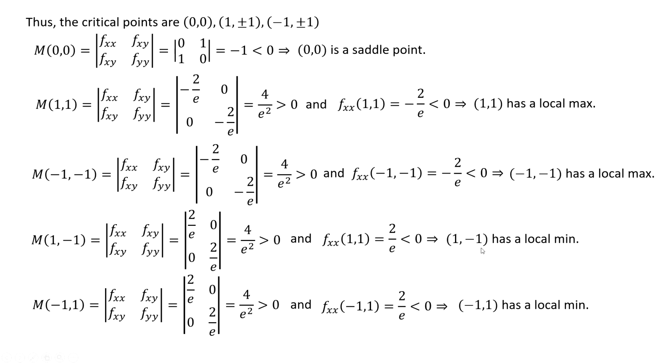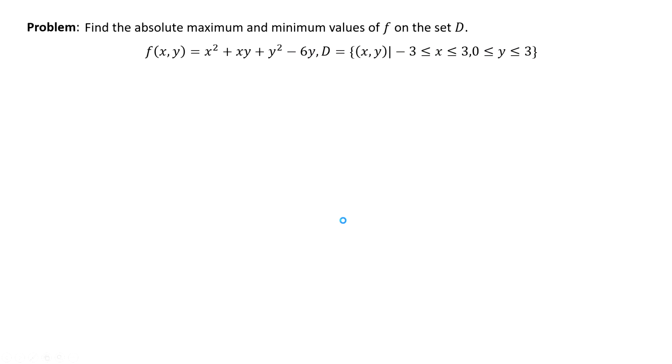Opposite ends, 1, negative 1 and negative 1, 1, we have local minimums there, diagonally opposite quadrants for the maxes and for the minimums. And there's actually a saddle point here at 0, 0. Cool. So that's the idea.